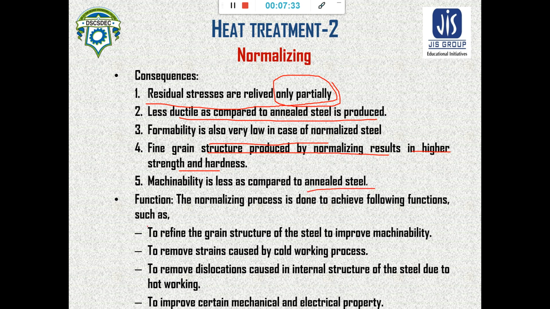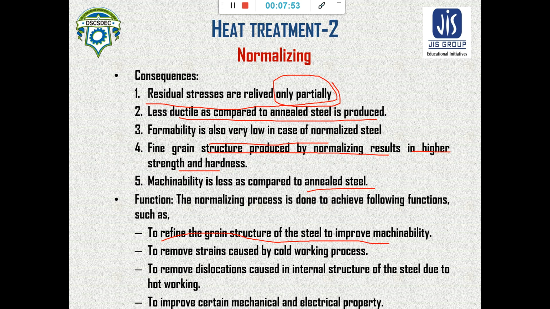Now, what is the function of normalization? Why is normalization done? It is done for various reasons. First, to refine the grain structure of steel, which improves the machinability.